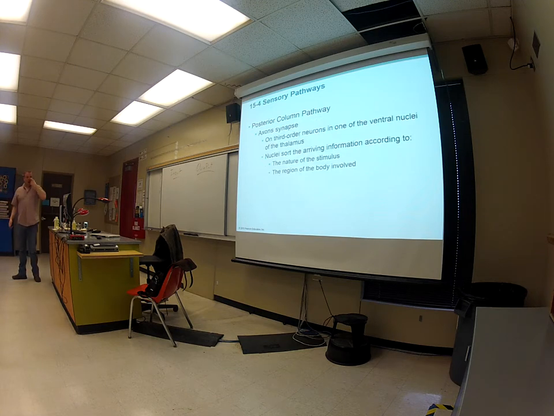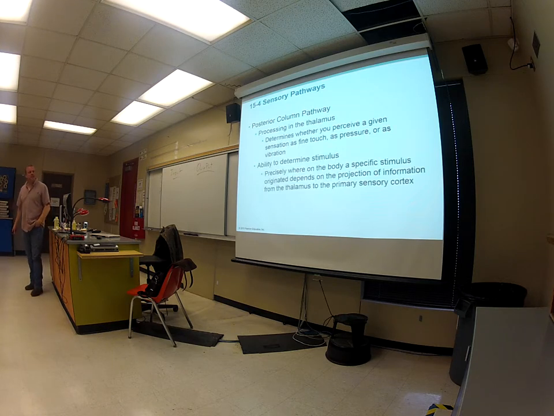Okay? So, axon synapse, third order neurons in one of the ventral nuclei of the thalamus. Nuclei sort the arriving information according to the nature of the stimulus and the region of the body involved. Processing in the thalamus determines whether you perceive a given sensation as touch, pressure, or vibration. So let me tell you what's happening right here.